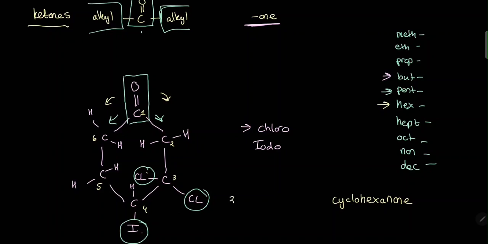So we're going to go 3,3, because there's 2 chlorines on the third carbon, dash. We have 2 of them, so we need to say dichloro, dash again for the next side group, 4, dash iodo, cyclohexanone.